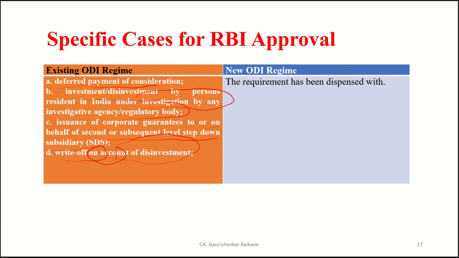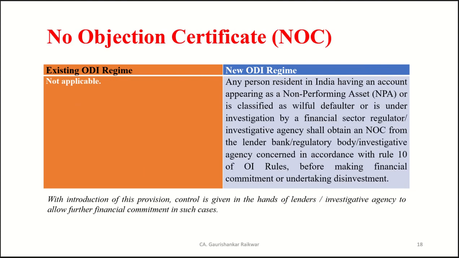But in the new ODI regime the requirement has been dispensed with. So if any of these four categories happen under the new ODI regime, then RBI approval is not required.